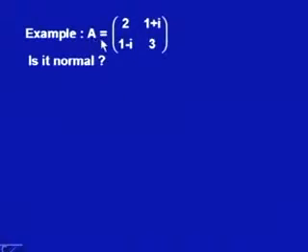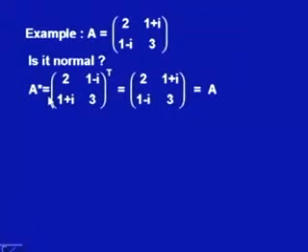So, let us elaborate this with this example A, where I have a matrix of 2 by 2 order. Here some of the elements are complex. We have to check whether it is normal or not. So, for this purpose I have to first constitute A star. So, first I will take the conjugate and then transpose. Conjugate means the imaginary part will be negated, so 1 plus i becomes 1 minus i.